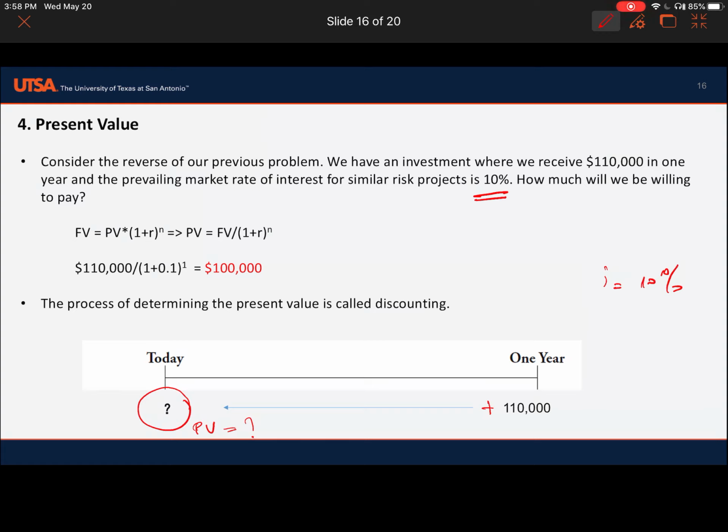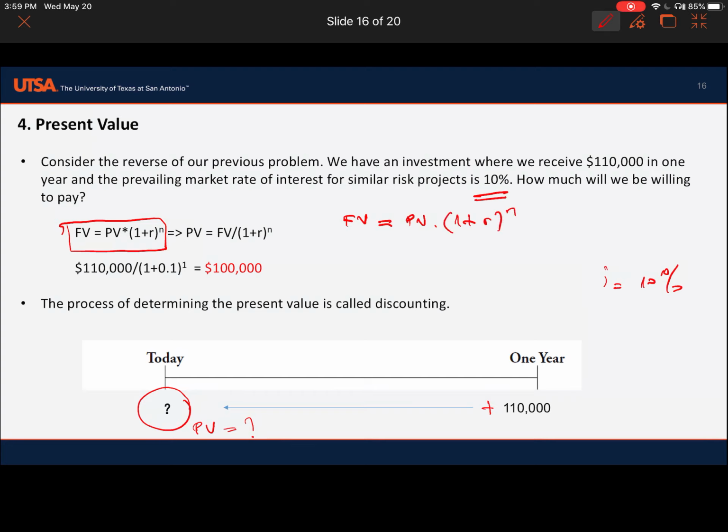Same, but as we know, the future value formula is: future value is equal to present value multiplied by 1 plus interest rate to the power of number of periods.